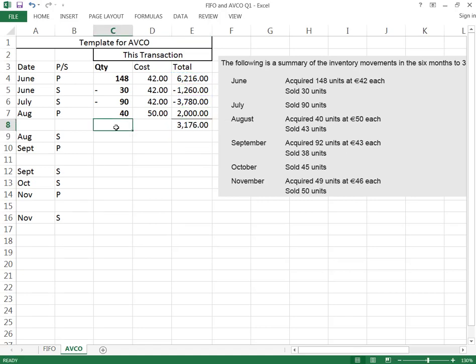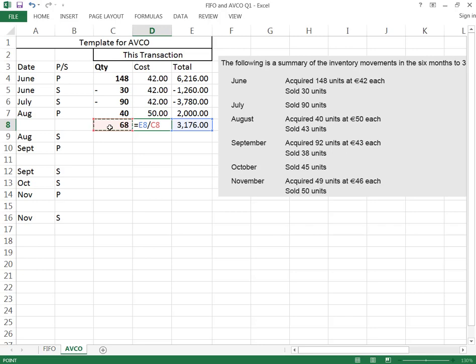Okay, and we're going to total these. Okay, so we see that we have 68 left with a total value of 3176. Okay, so my new average is going to be equal to 3176 divided by 68.